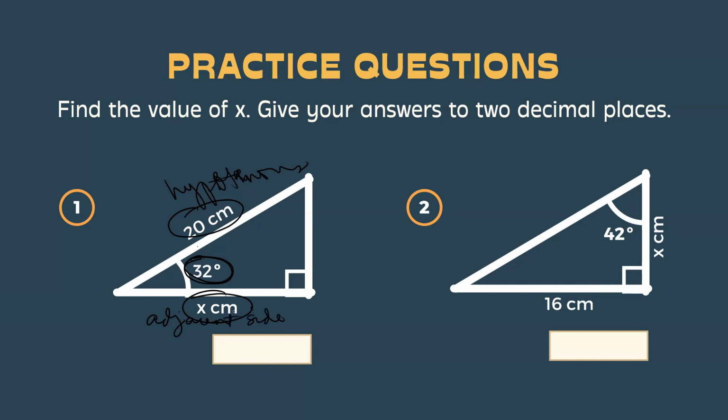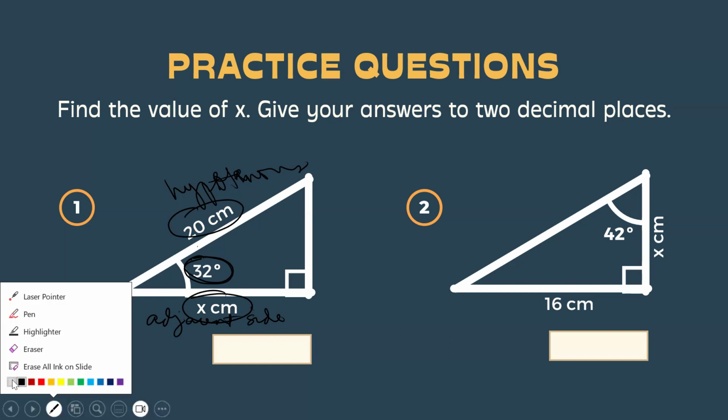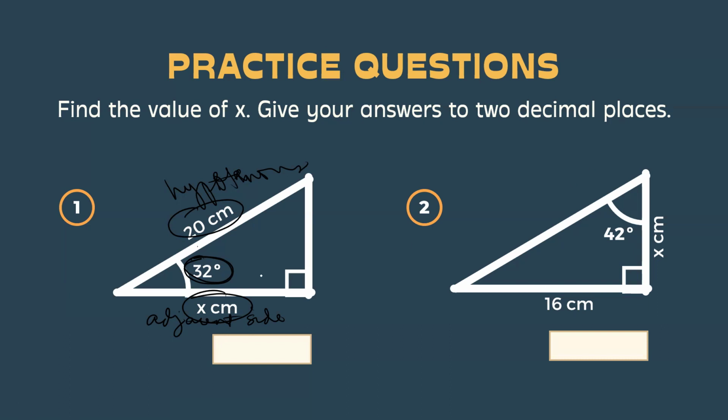Now that you have your adjacent side, what trigonometric ratio would be best used to calculate the length of the adjacent side here? Very good. So if you use cosine equals adjacent over hypotenuse, that's cosine 32 equals adjacent over hypotenuse.